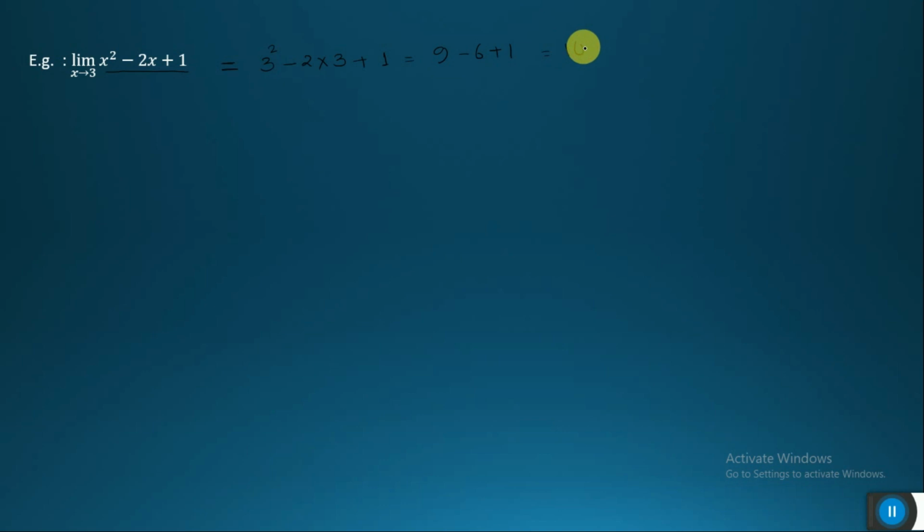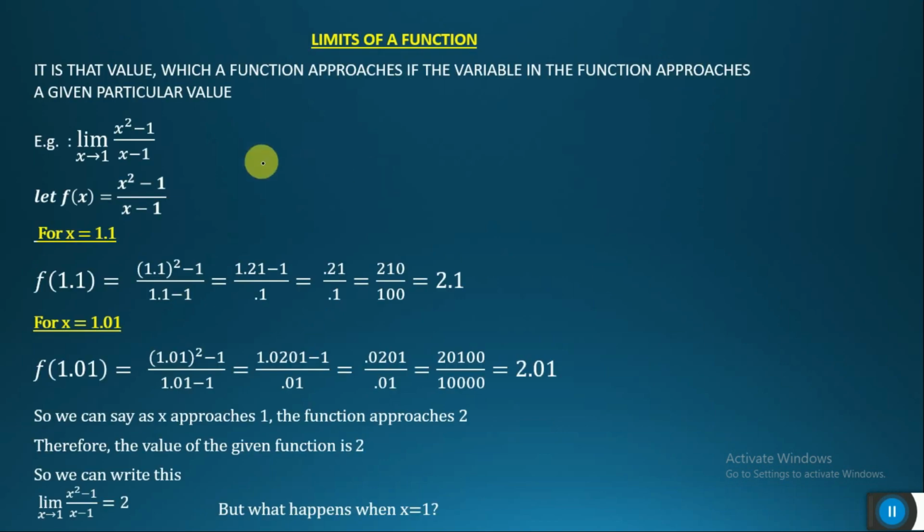So this is 10 minus 6, which is 4. So the limit of this function at x equals 3 is 4. But why here did we not substitute 1 directly? Our answer is 2, but we got 0 by 0, right? So let's see.